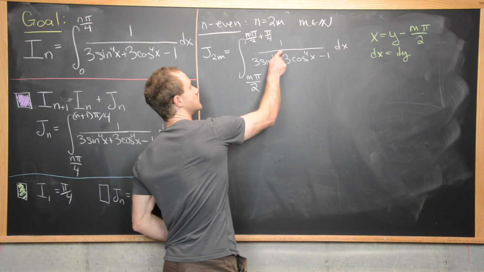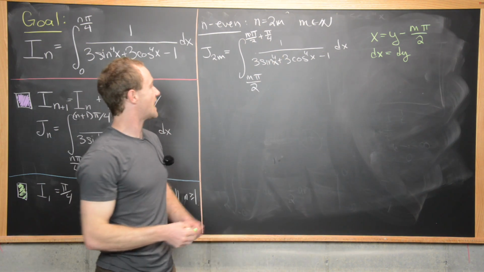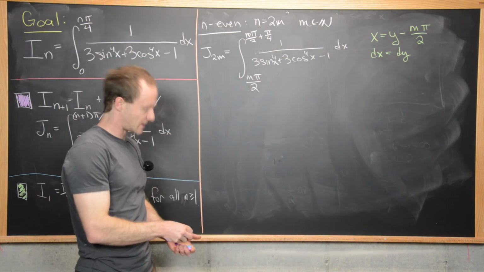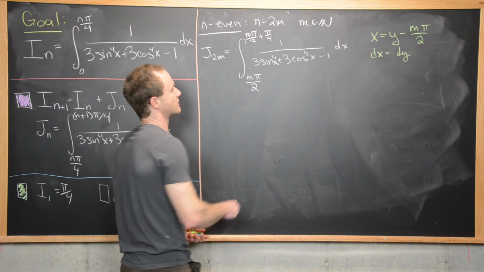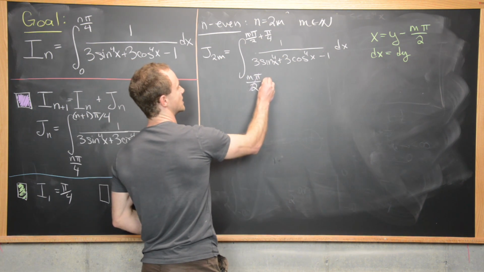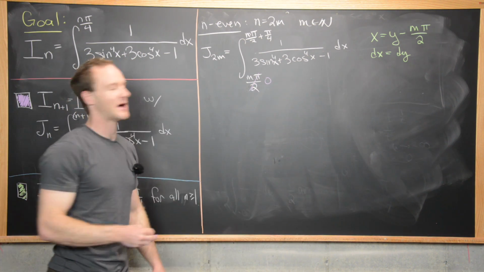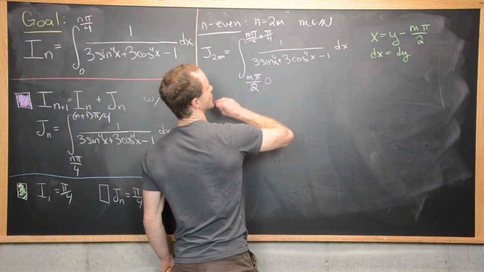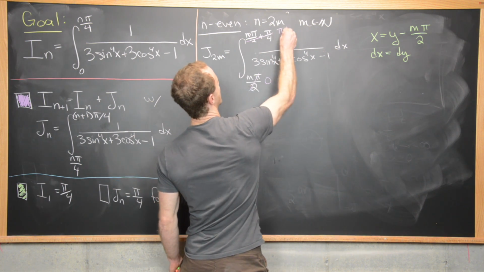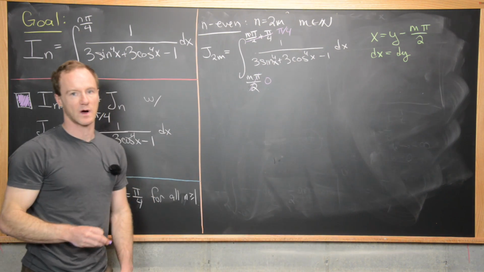And then we can notice that that's going to change our bounds of integration. So this lower bound of integration is going to go to 0 when we change from x bounds to y bounds. And then our upper bound of integration is going to change to pi over 4.